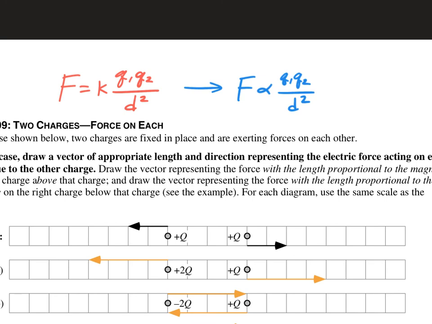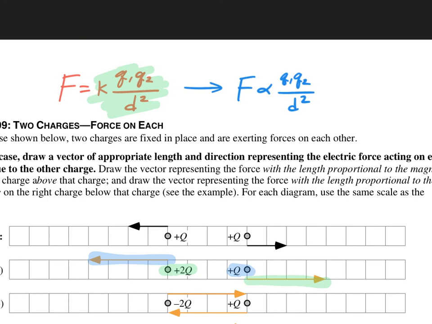So one way to think about it, I'm going to go back to B. This force is due to that charge. And this force is due to that charge. And each force has to be equal and opposite, because that's the definition that we have up here: the product of charges over the distance squared.